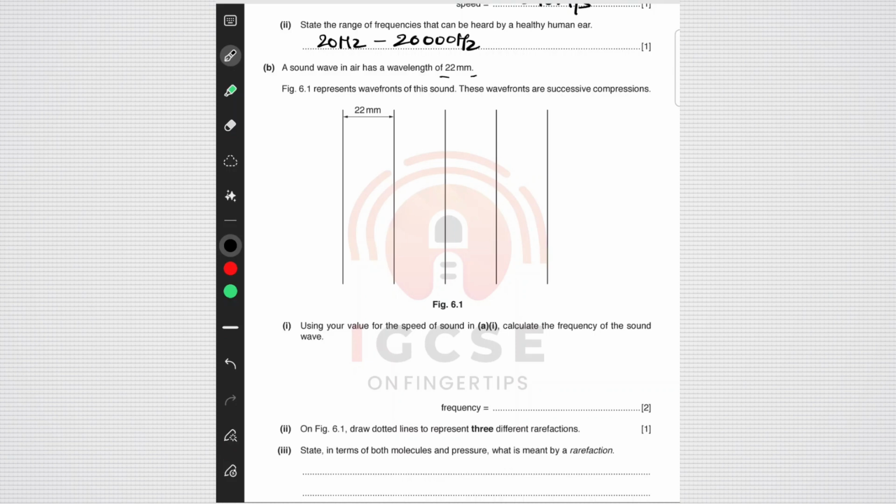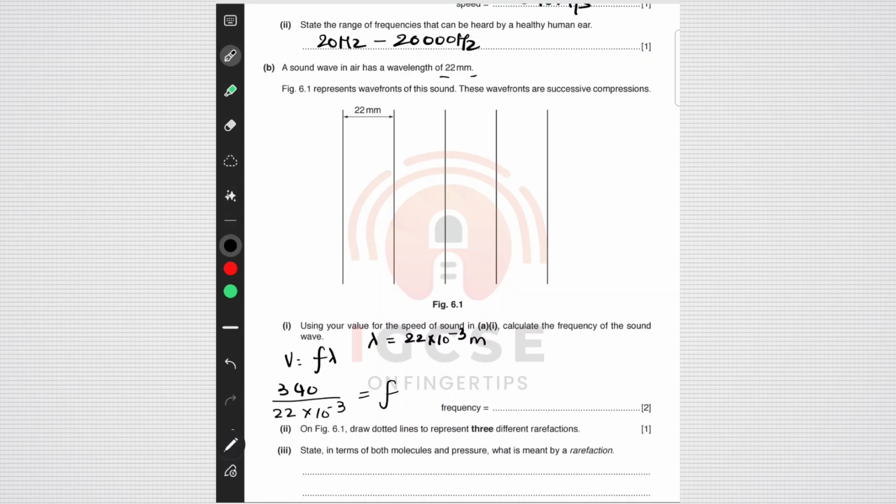Using your value for the speed of sound in A1, calculate the frequency of the sound wave. So you have v = fλ, and λ is equal to 22 × 10^-3 meter. So I will write v, which is 340, divided by 22 × 10^-3 is equal to f.